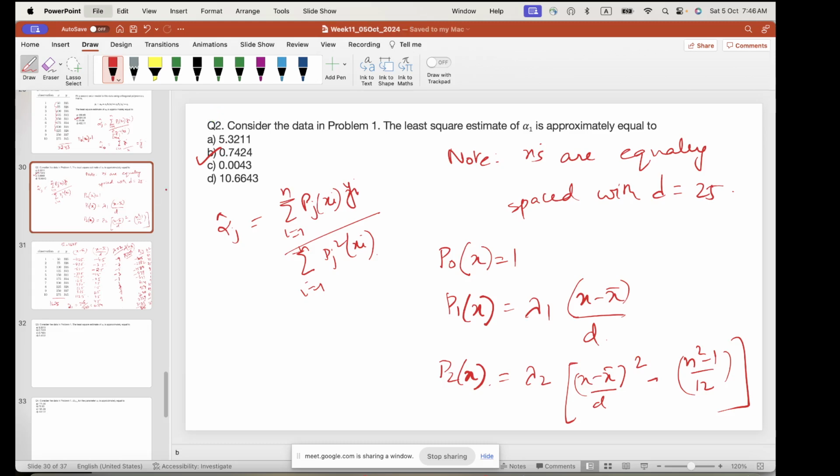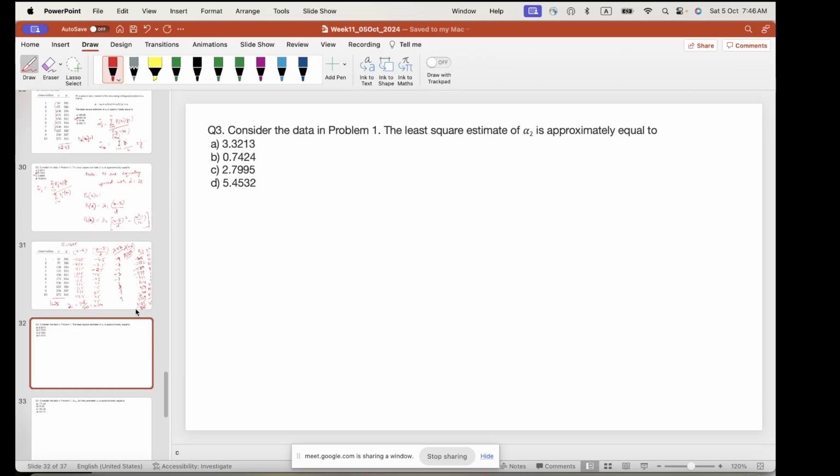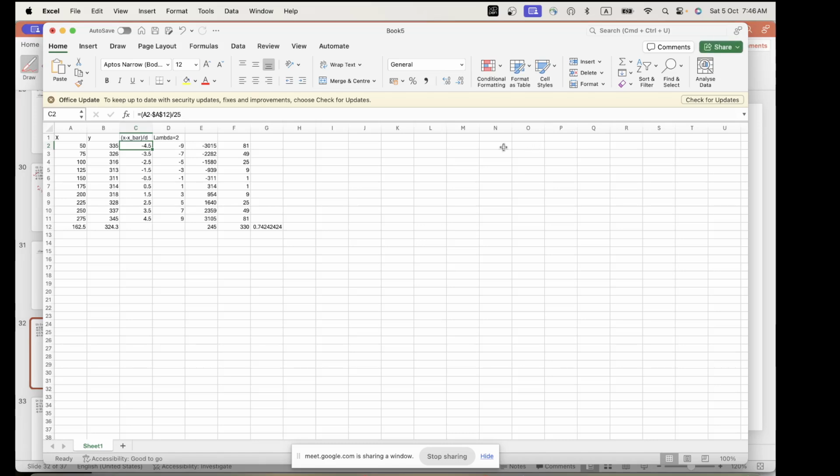Alright, moving on. So what is the least square estimate of alpha 2? Now here I have already calculated alpha 1. Now if we have to calculate alpha 2, this one was x minus x bar by d.